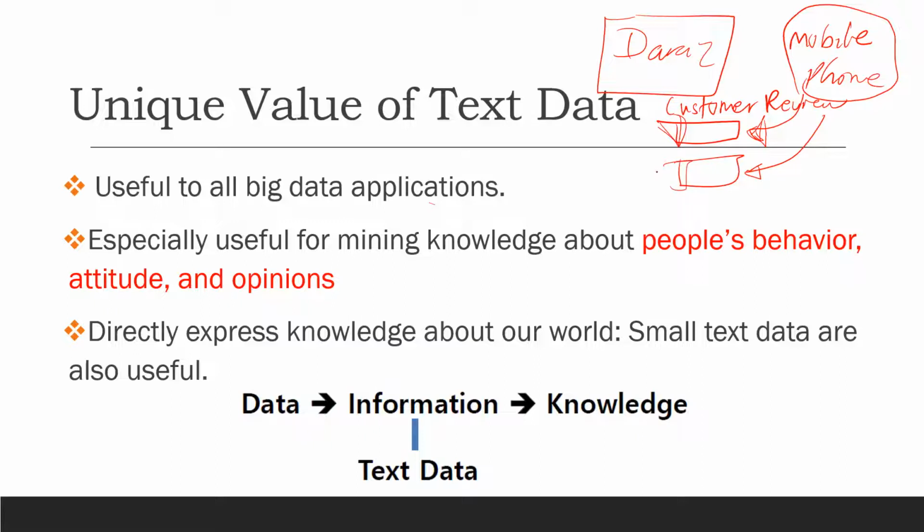Am I correct? At that time, the customer reviews are just 2 to 3 lines. Even someone provides only one word or 1 to 2 word comments. From their comments, you decide whether it's acceptable or not. So what we are saying here is that the value of your text is very, very important.